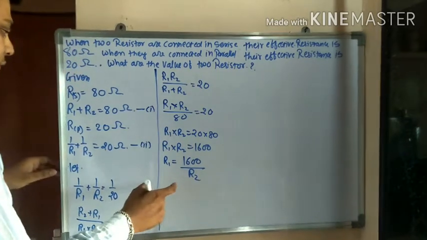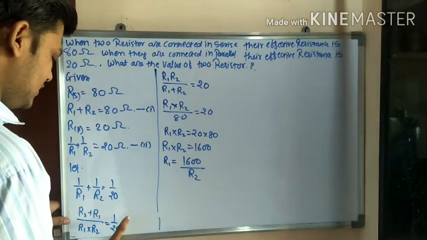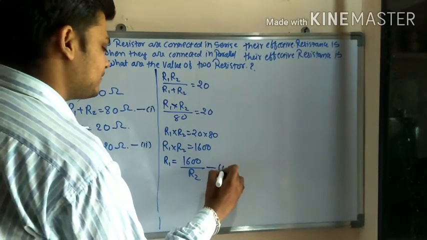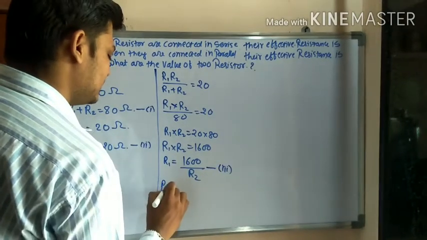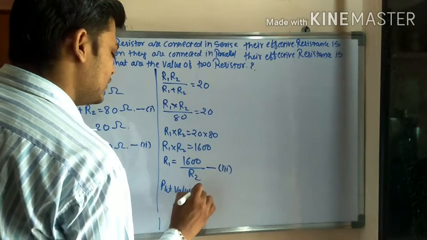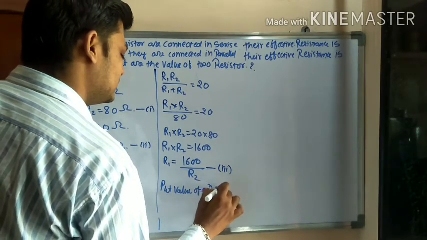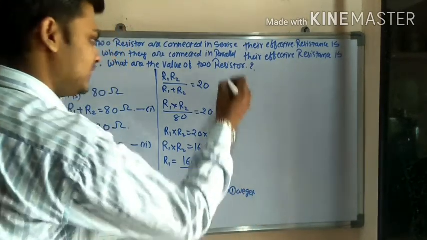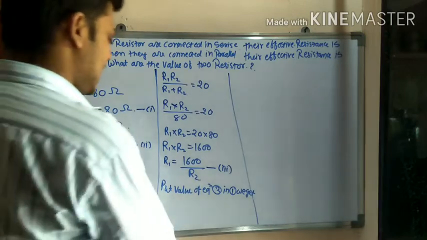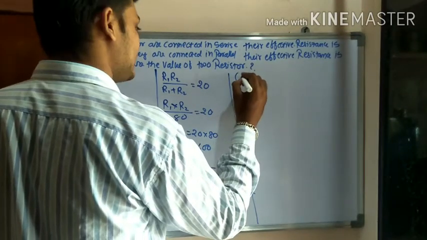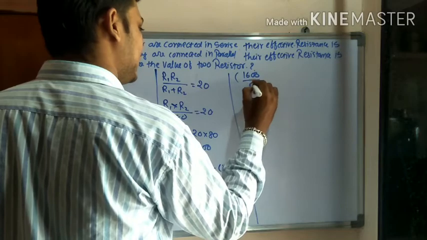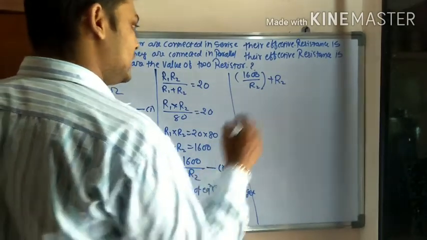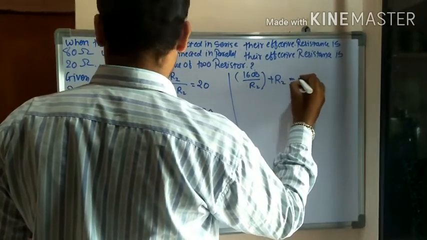Now put this value in the first equation. Put the value of equation third in first, what do we get over here, students? Next, R1 is equal to 1600 divided by R2, plus R2 is equal to 80.